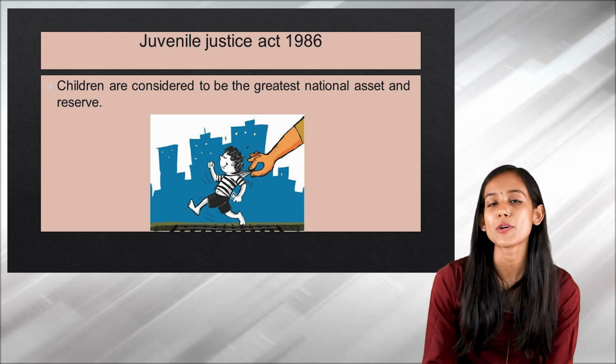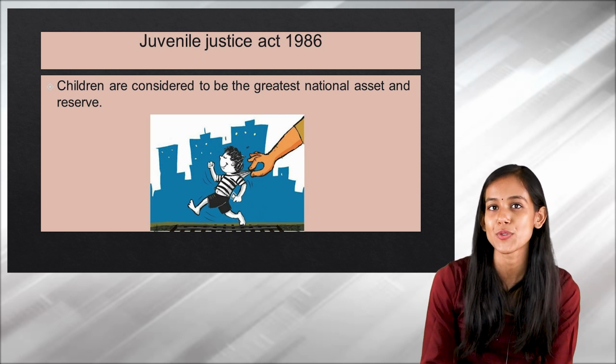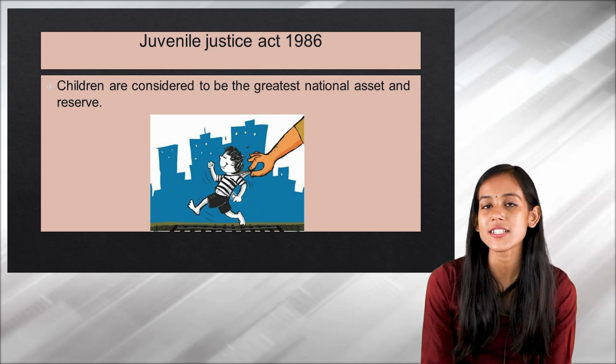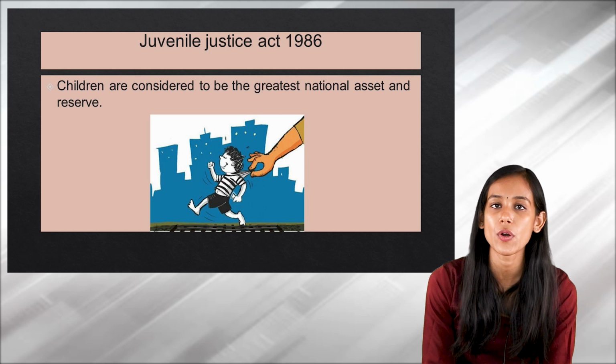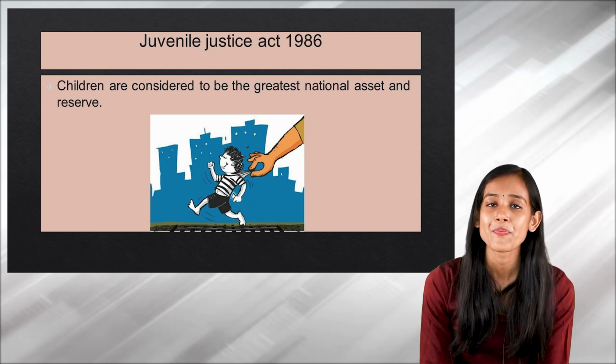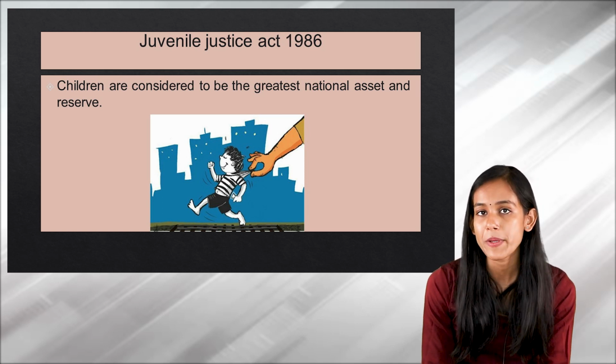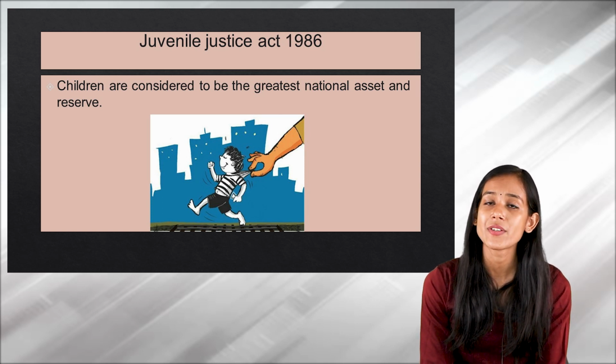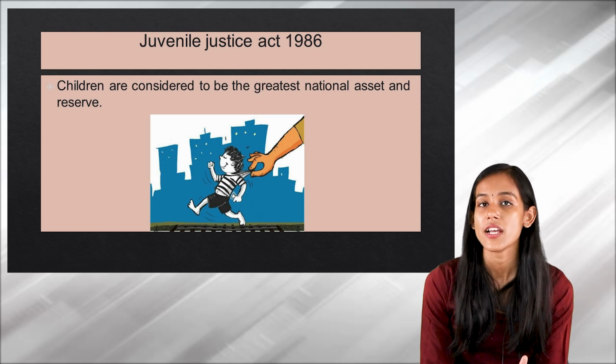Before talking about the Juvenile Justice Act, we should know what juvenile delinquency is. When children commit any kind of antisocial activities or crime, they should be punished, and children are considered to be the greatest national asset and reserve.